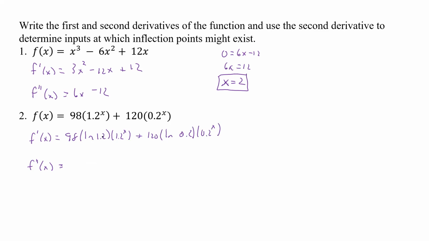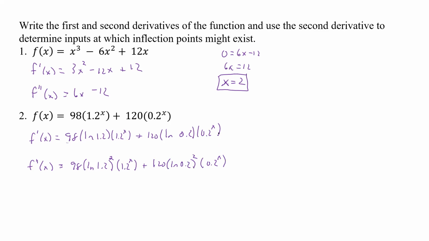Now, when we take the second derivative, again, that's a number, so we're just going to take 98 times ln 1.2. Then we take the ln of that. Well, we already have one of those, so now let's make it squared. We've seen that already, so that's not going to be a surprise. And then times 1.2 to the x. Plus, now we have 120 ln of 0.2, and again, that's going to be squared times 0.2 to the x.